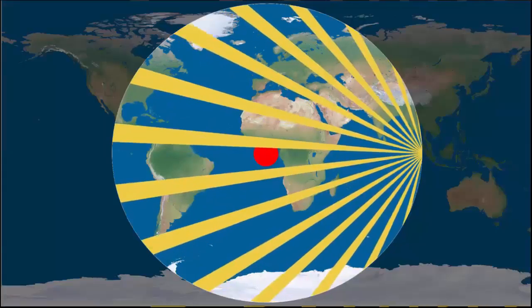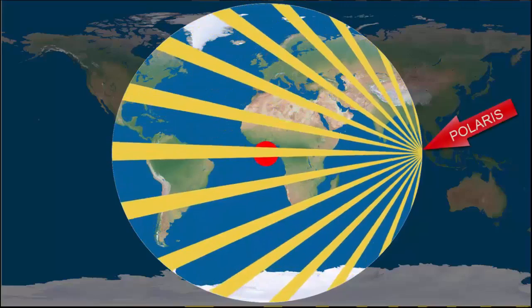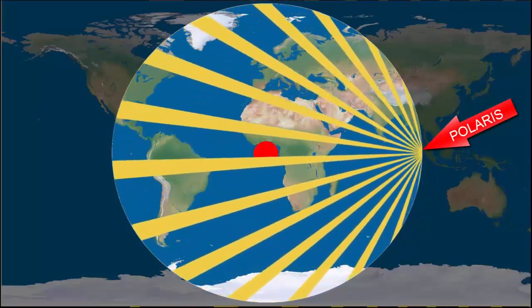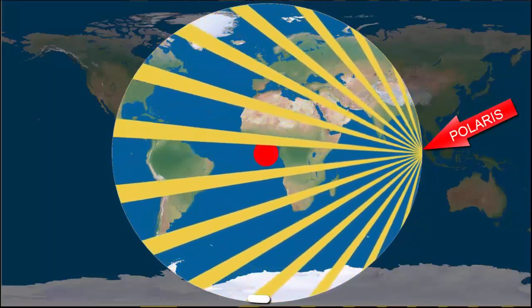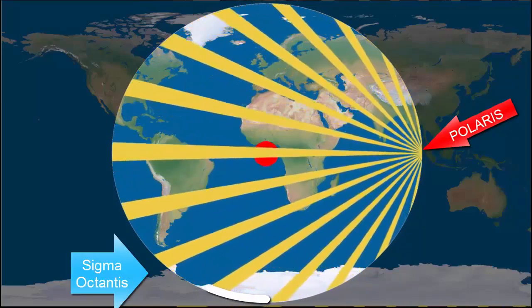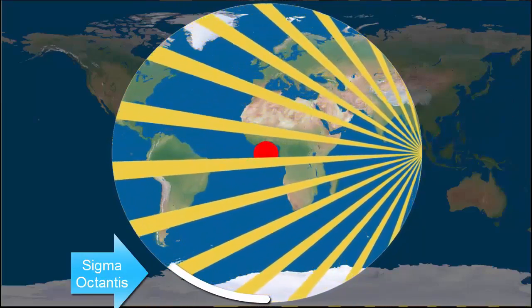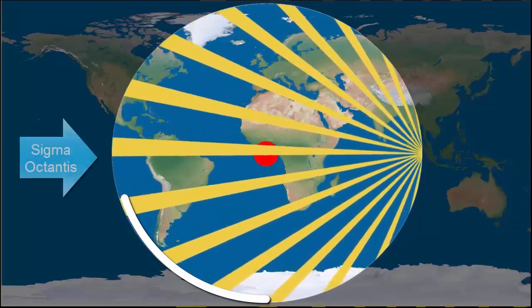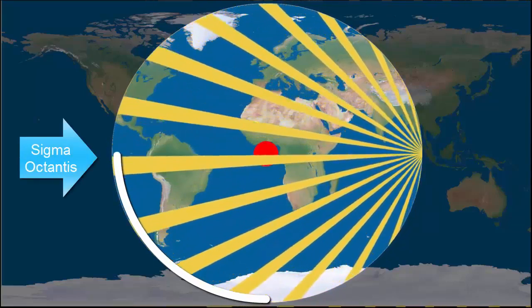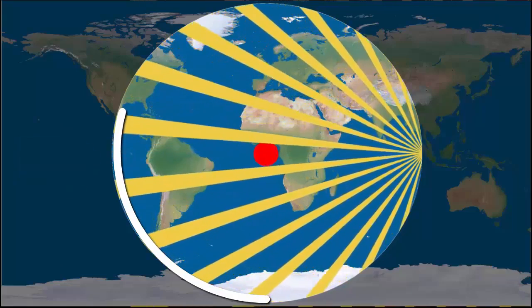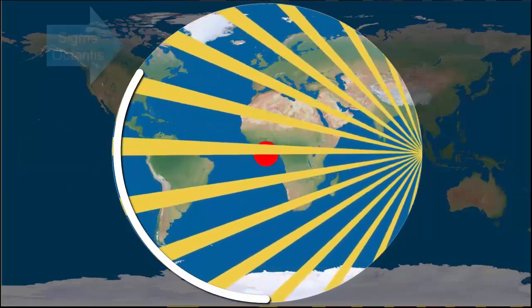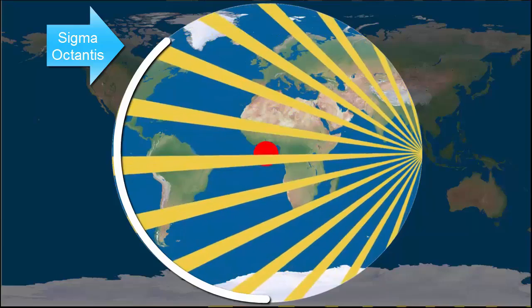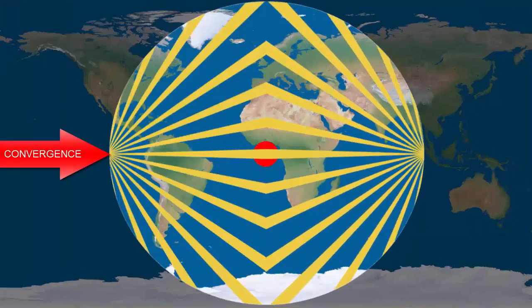Okay, let's pretend that these are the stars rotating for a second around Polaris, and let's say Sigma Octantis is rotating 12,000 miles from the North Pole, and I want you to see that it's going to sweep across your entire field of view. In reality, but visually, you're not going to see that, because as we converge these lines the way they're supposed to be, they're going to all go to a point.